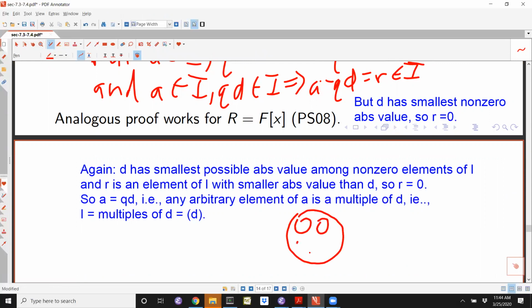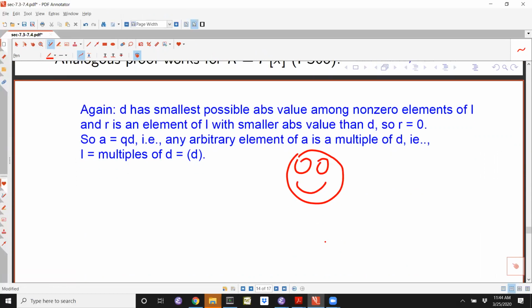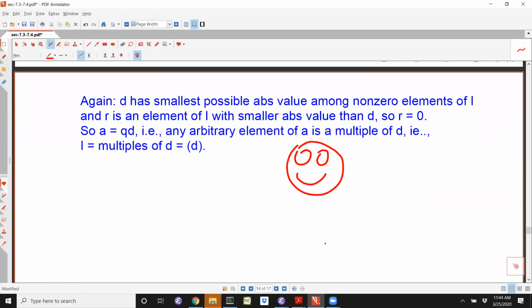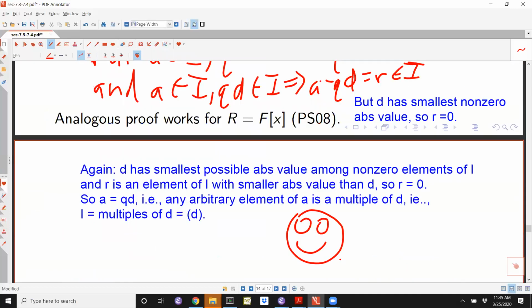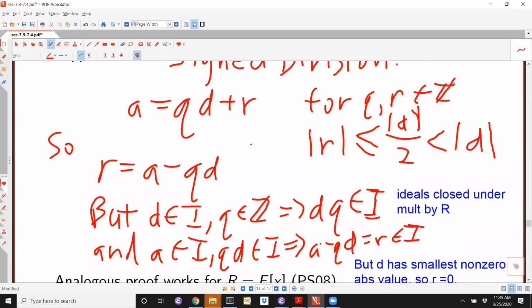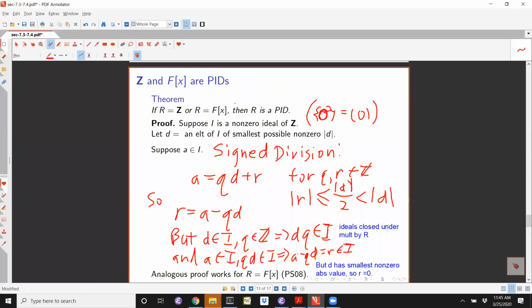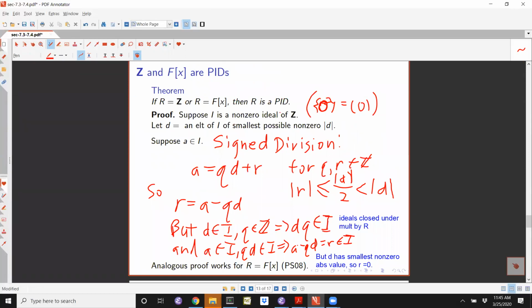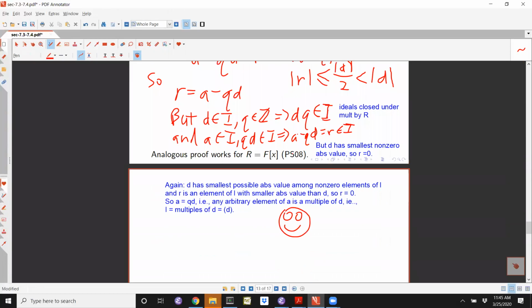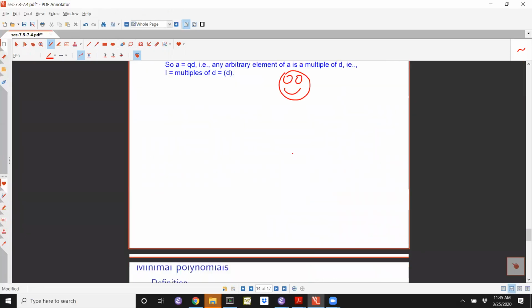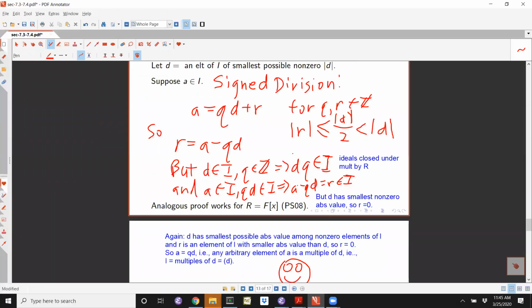All right, I really wanted to go through that, because that's on your next homework. It's actually imitating that for where R is the polynomials and not the integers. But there's the full proof for the integers.